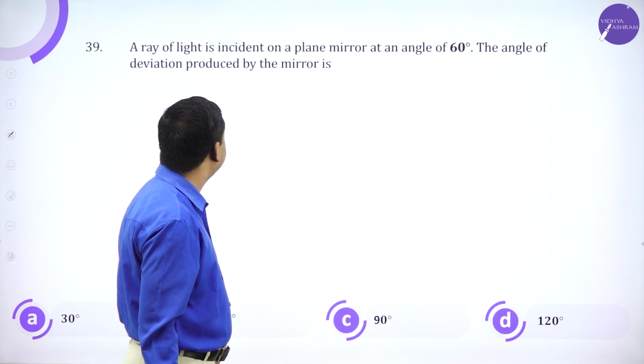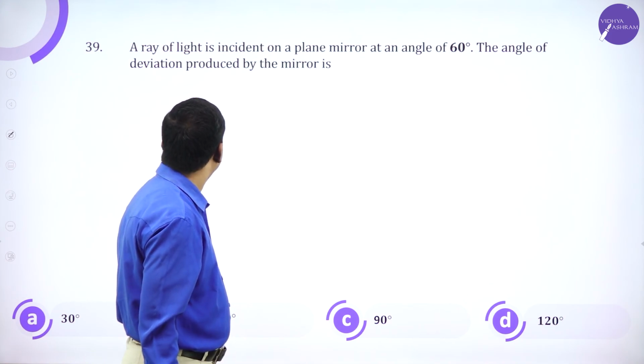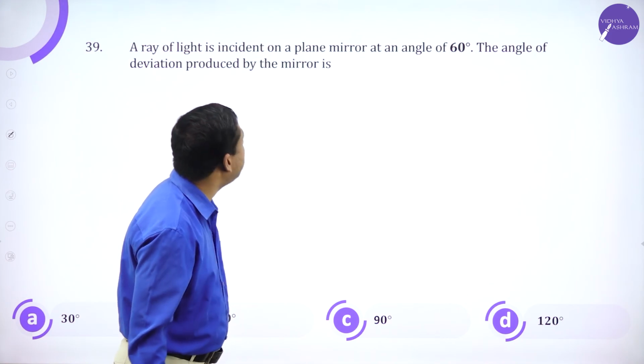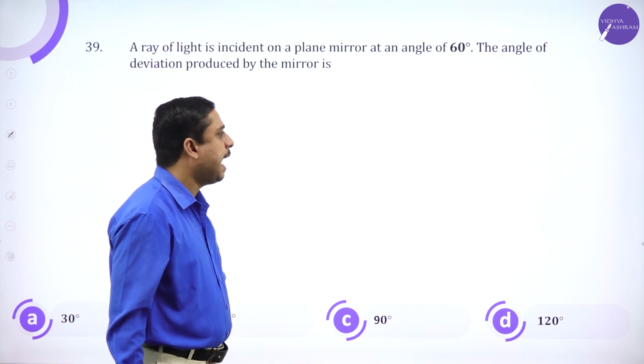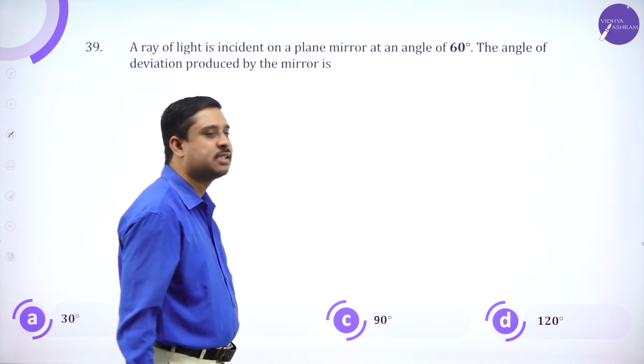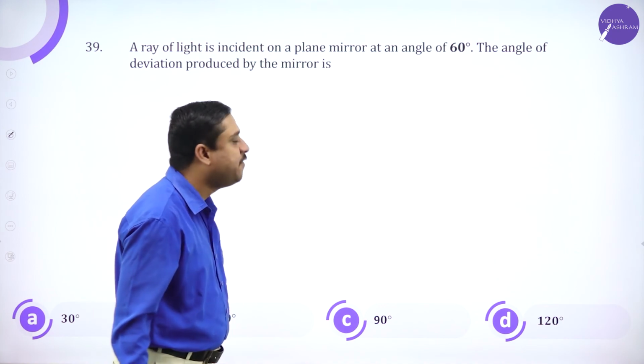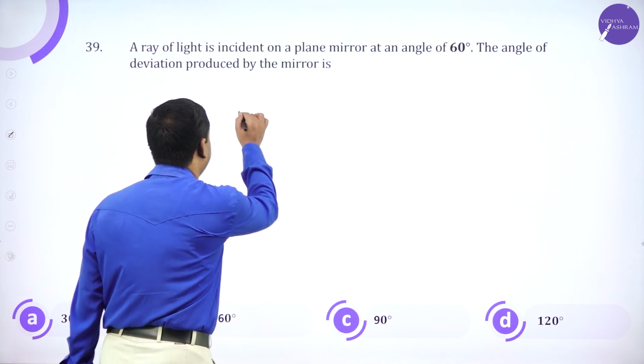A ray of light is incident on a plane mirror at an angle of 60 degrees. Angle of deviation produced by the mirror.